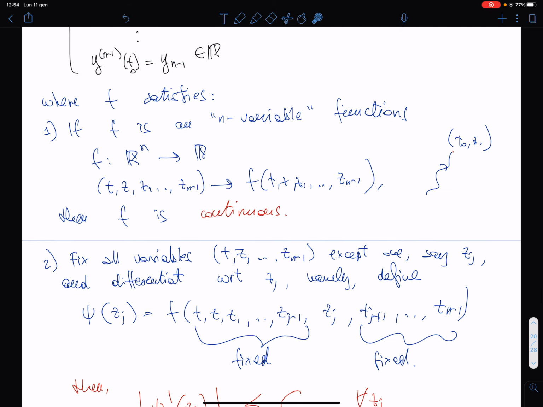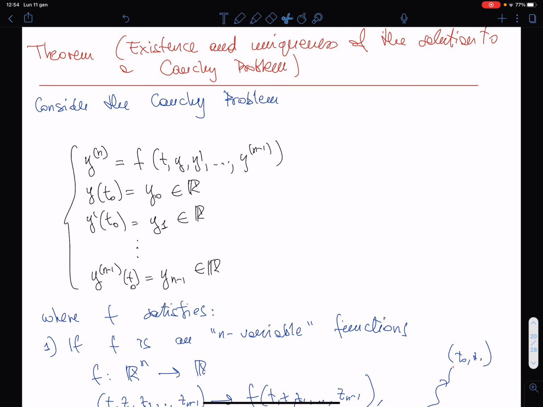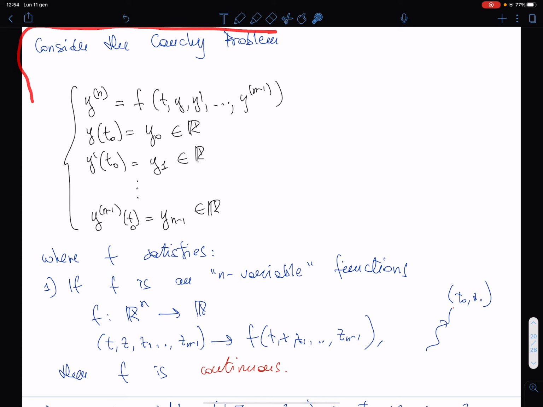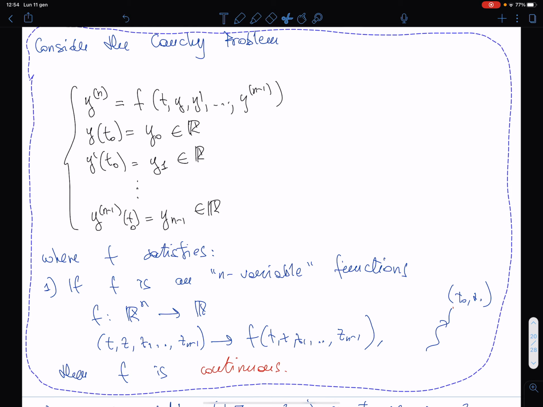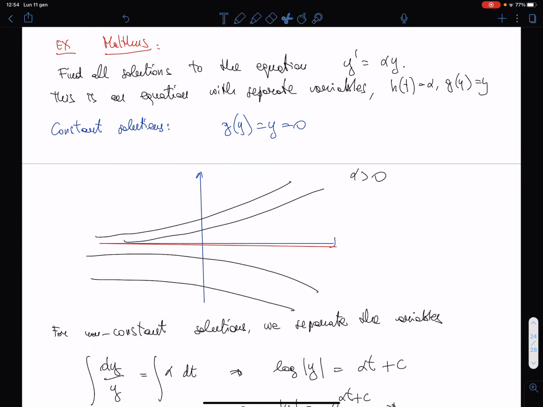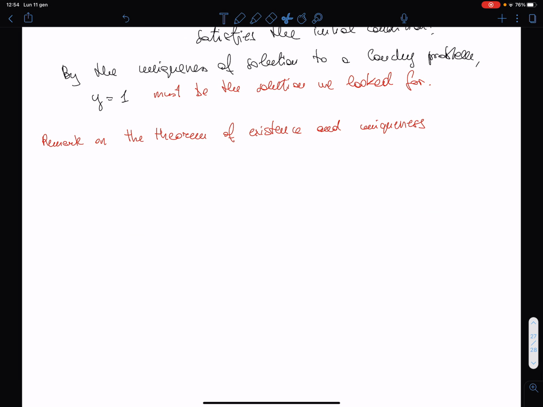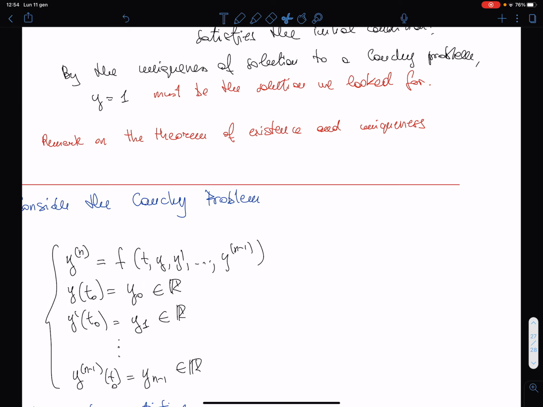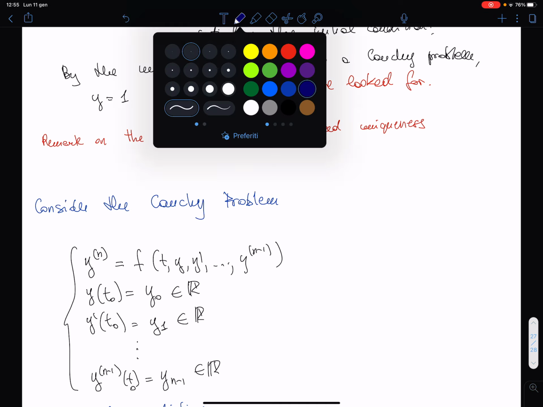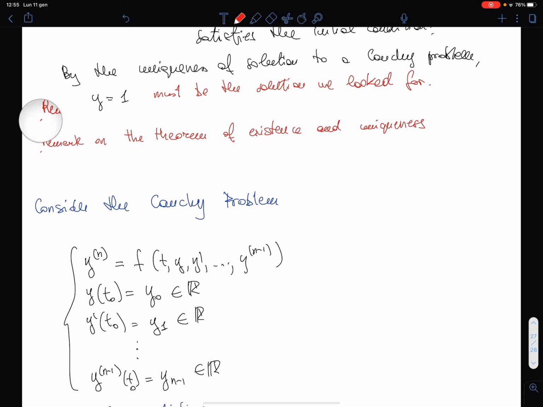So now let me write this theorem, but with only the hypothesis of continuity of f. The remark is the following.